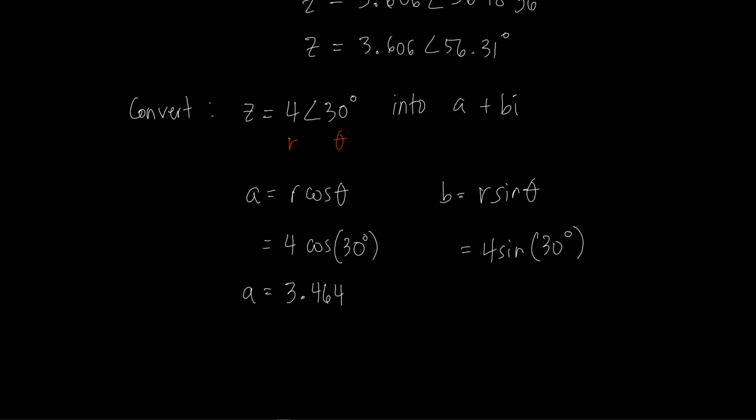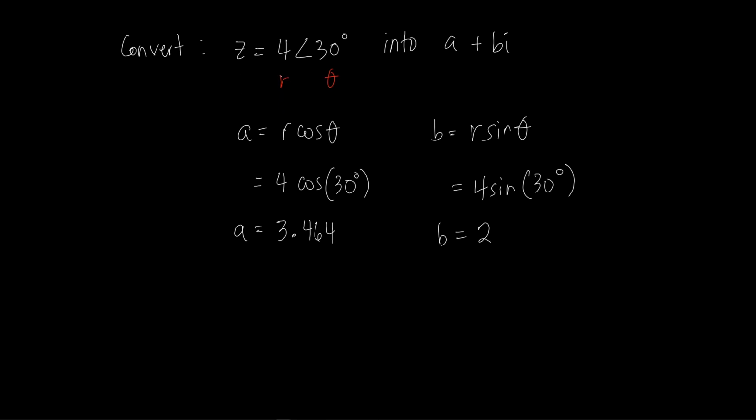Now do B. It is 1/2, so B is 2. So, write it into A plus Bi form. That is Z is equal to 3.464 plus 2i.